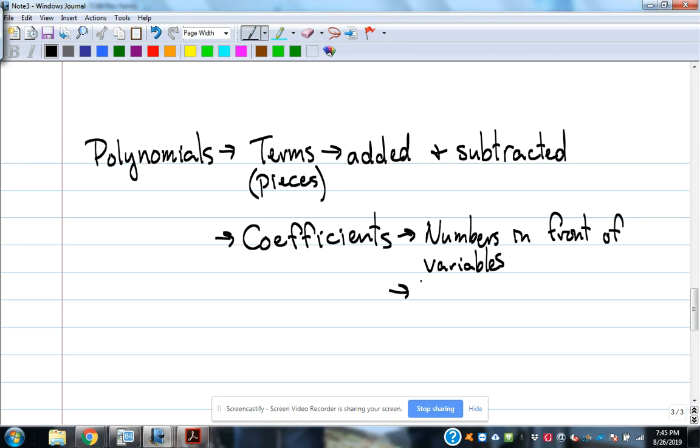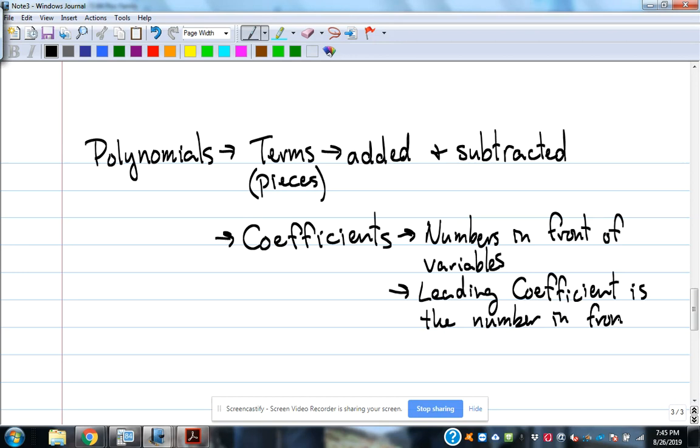The leading coefficient is the number in front of the highest exponent term.